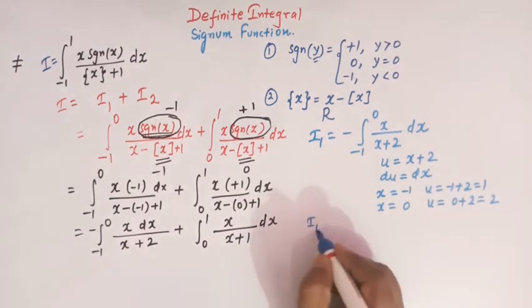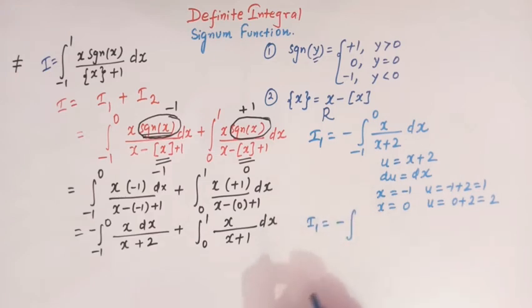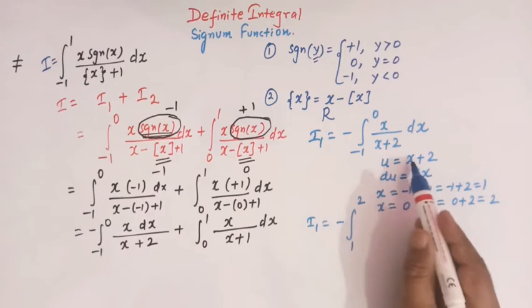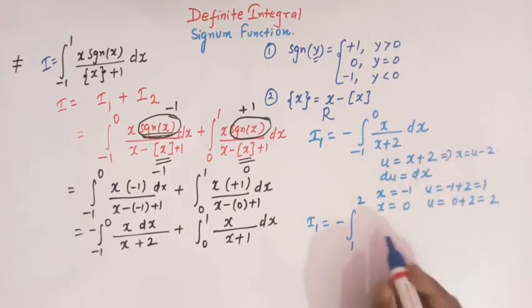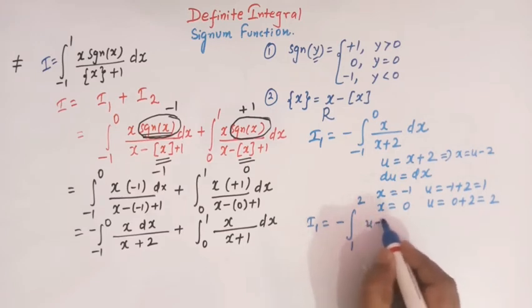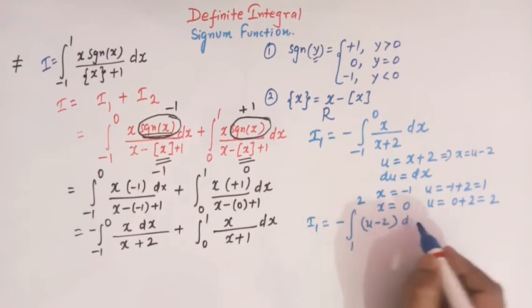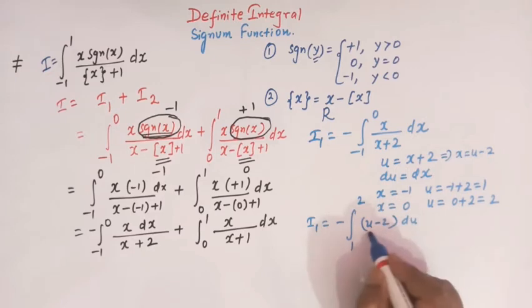So now I1 is minus, and here we have 1 to 2, and for x we can write u minus 2, and here we have du, and for x plus 2 we can write u.